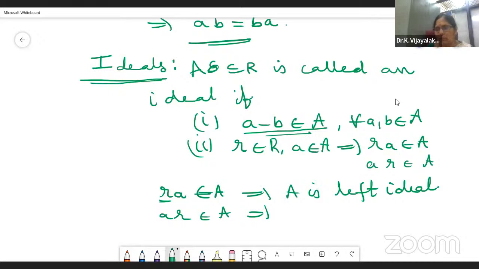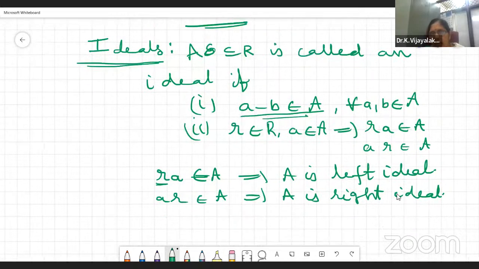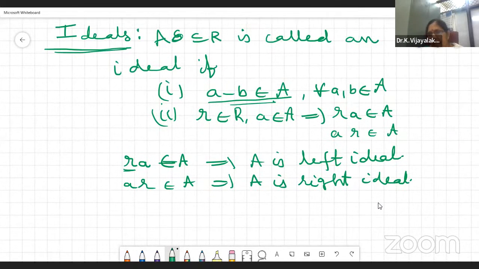If AR belongs to A, we say that A is a right ideal. If R is a commutative ring with unity, then there is no difference between a left ideal and a right ideal.